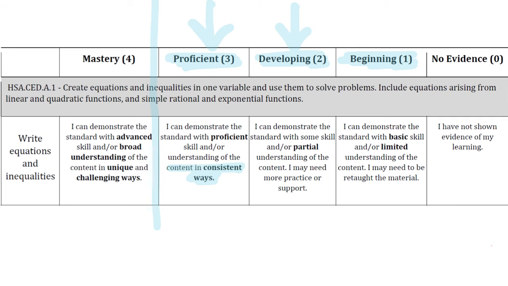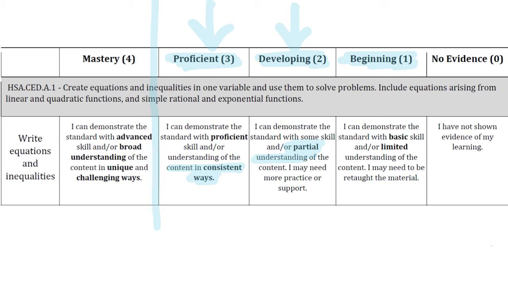Now, developing here does have a lot of the same wording and you're demonstrating the standard, but the difference is it's a partial understanding. So this might mean that maybe you weren't super consistent throughout all three problems.